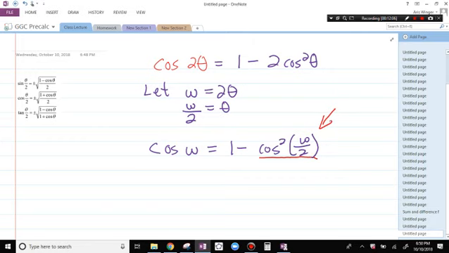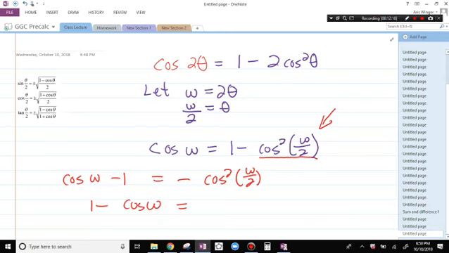So we subtract 1 on both sides. Cosine W minus 1 equals negative cosine squared of W over 2. Change the signs. 1 minus cosine W equals cosine. I'm sorry, this formula is wrong, right?